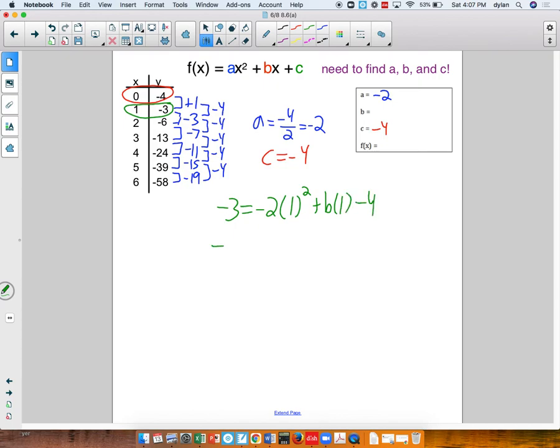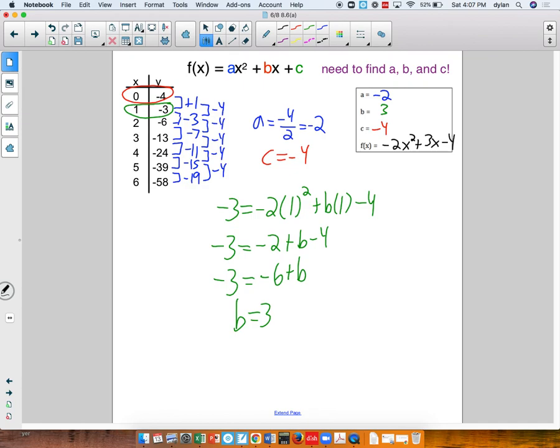So we've got negative 3 equals negative 2 plus b minus 4. So negative 3 equals negative 6 plus b. And if I add 6 to both sides, b equals 3. And that's where we end up with our equation of negative 2x squared plus 3x minus 4.